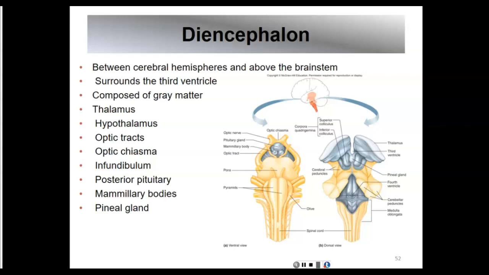Moving on out of our cerebrum into the diencephalon. The diencephalon is between the cerebral hemispheres and above the brain stem. It surrounds the third ventricle.